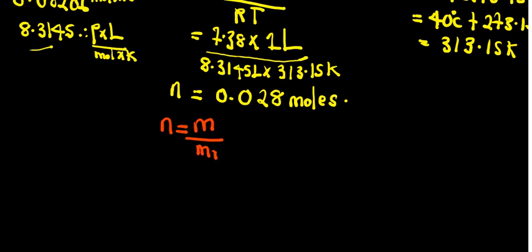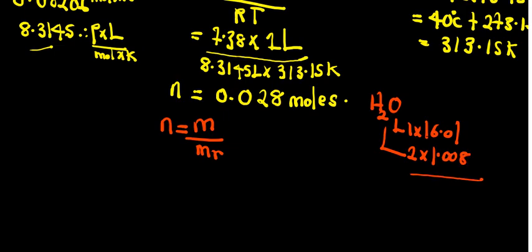And we're talking about water here, which is H2O. So you can find out the molar mass of water. That is 1 times 16.01 as the molar mass of oxygen, and then this is 2 times 1.008 for hydrogen. When you find out the total here, you're just going to have your value as 18.015 grams per mole.